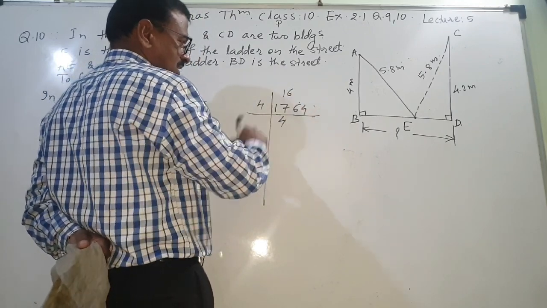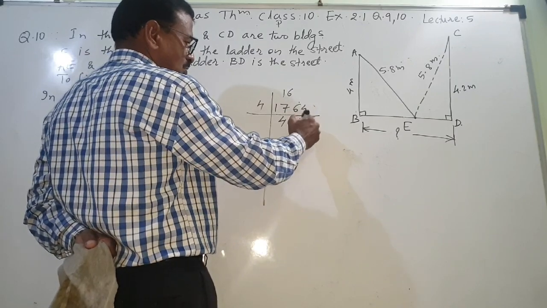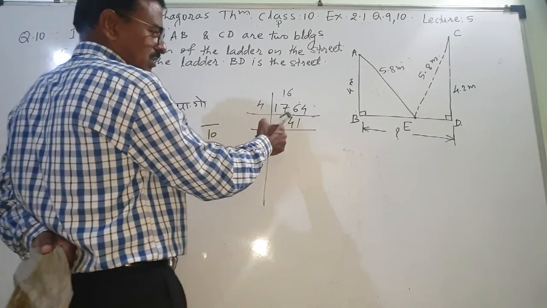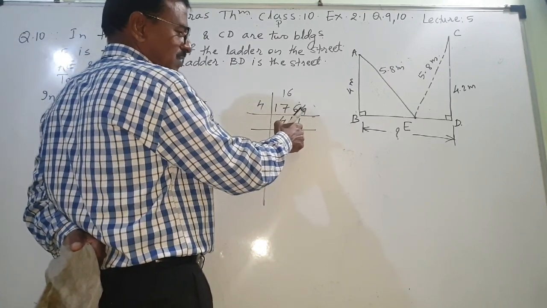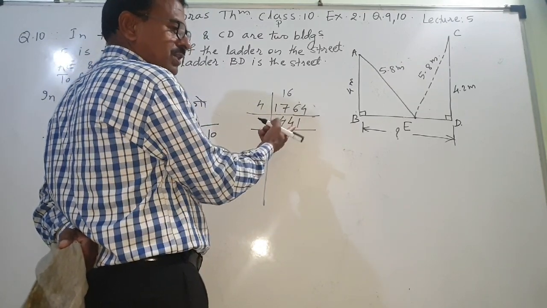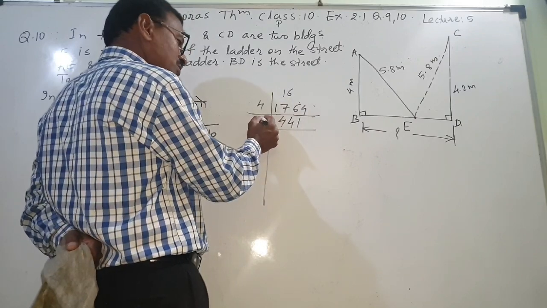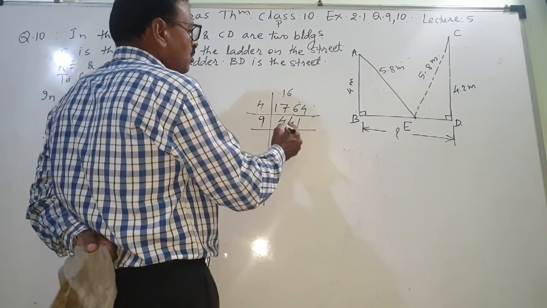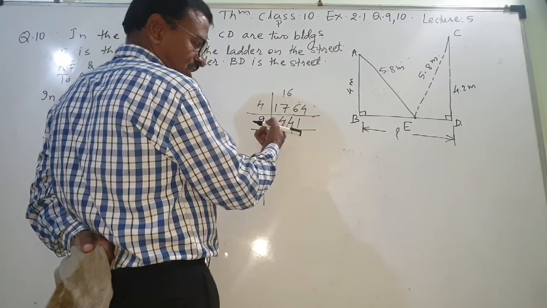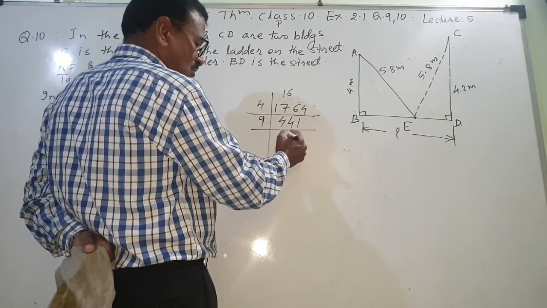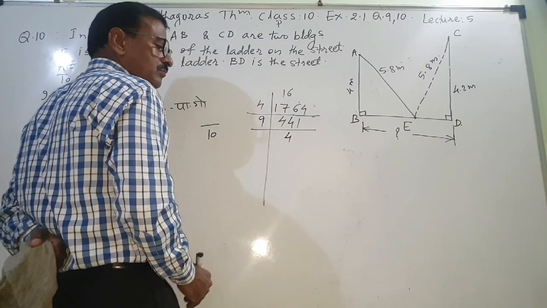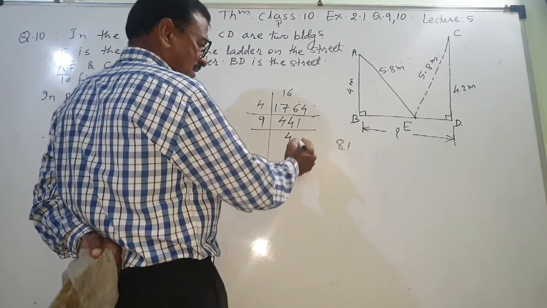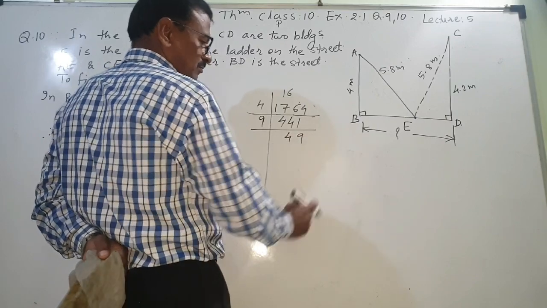Now this is 441. 4 4s are 16, 8 plus 1, 9, means it is divisible by 3 also and by 9 also. So I will divide by 9 because the square root of 9 is 3. So 9 5s are 45, 9 4s are 36, 9 9s are 81.